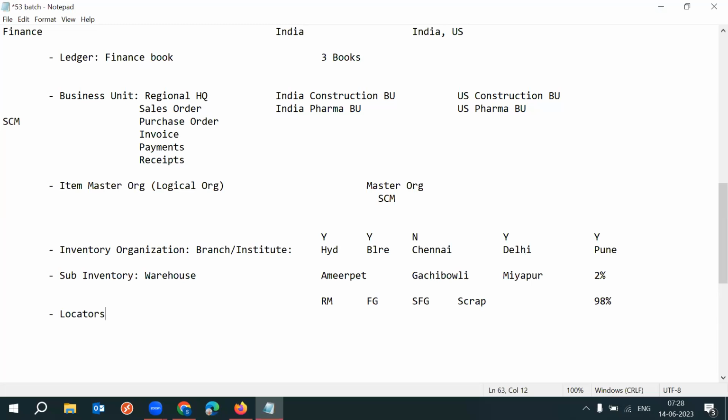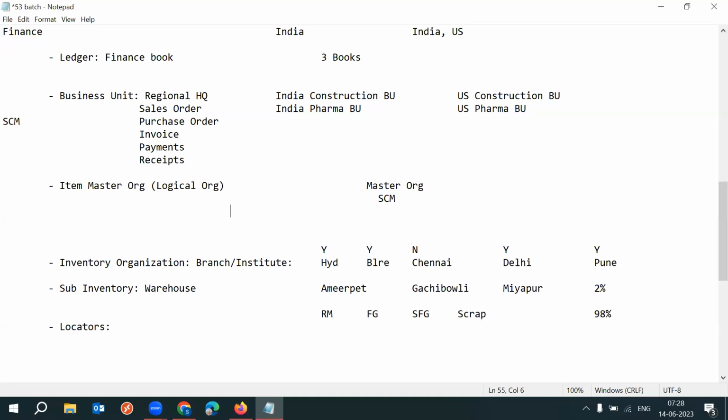Locators. The next entity is locators. Suppose let's take a product called a laptop.